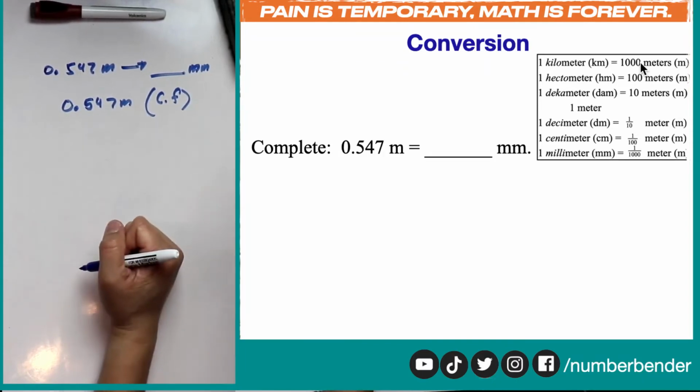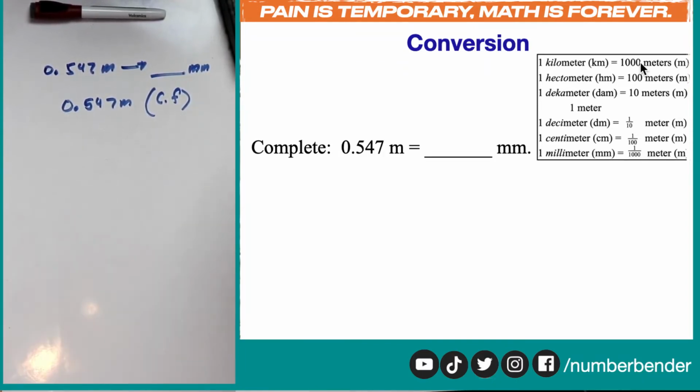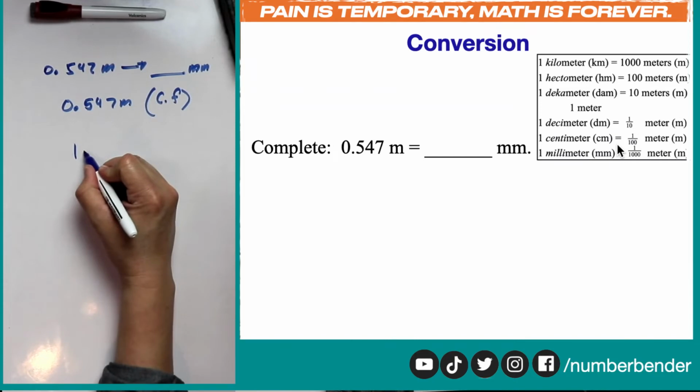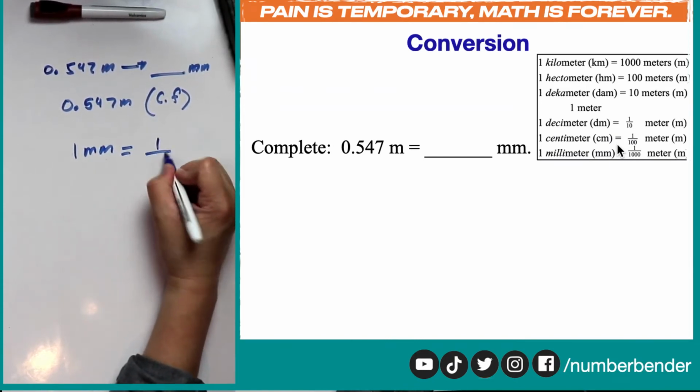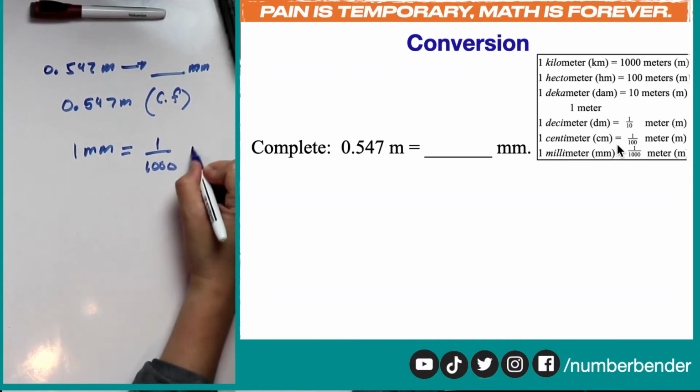To know our conversion factor, let's look at our cheat sheet, and we are seeing here millimeters to meters, but not meters to millimeters, but we're going to use this equation: 1 millimeter is equal to 1 over 1,000 meter.